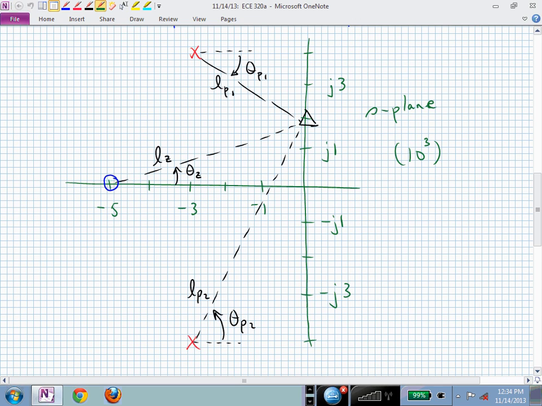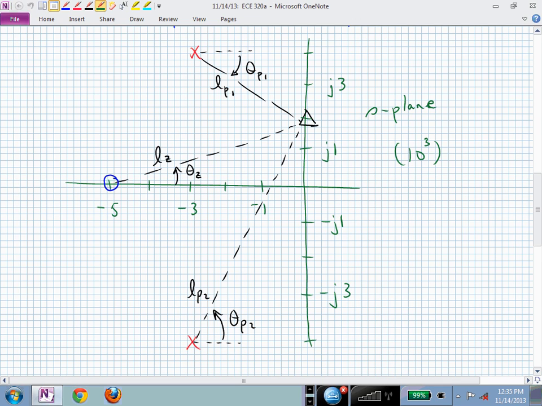And we have our 3 singularities. We have a pole in the second quadrant. We have a second pole, which is the conjugate of the first pole, in the third quadrant. And we have our finite zero that's real, and that's on the real axis at minus 5,000. Is it clear what I'm trying to indicate with respect to the information associated with each of these factors?